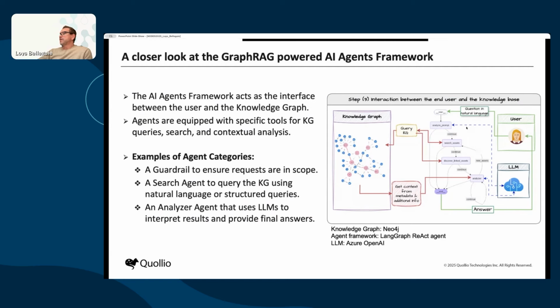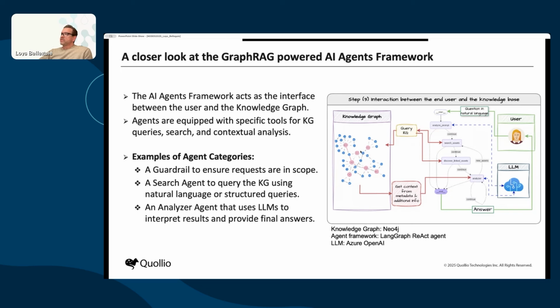If we look at more detail at what kind of agents we use, for example, we have agents that work as a guardrail. We use enterprise data, so we want to ensure security: that internal documents are treated in a sandbox and not accessed by a very open LLM, so we use a local LLM to do that.